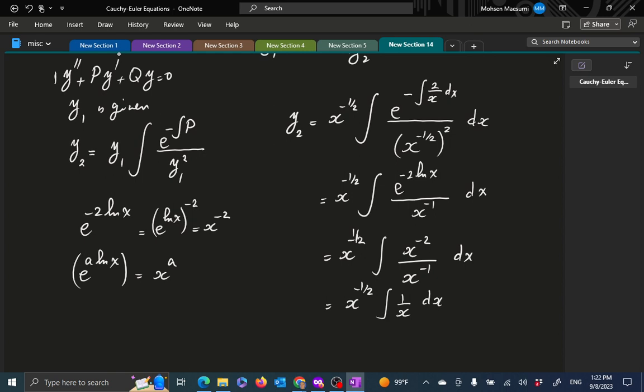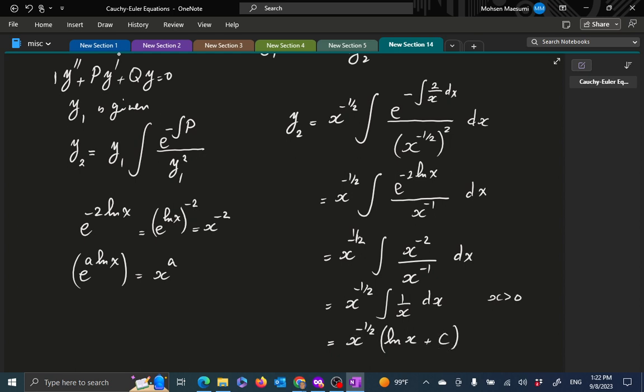And of course, all the way through, we have to assume x is positive or negative. Let's just take it that x is positive so that we don't need absolute values. So this becomes x to power of minus 1/2, and then I have logarithm of x. And then, of course, you can have a constant.